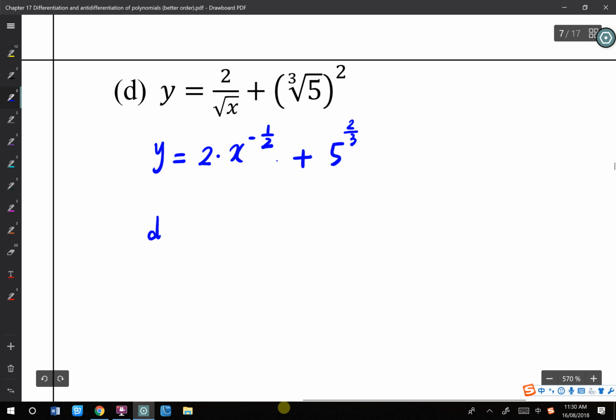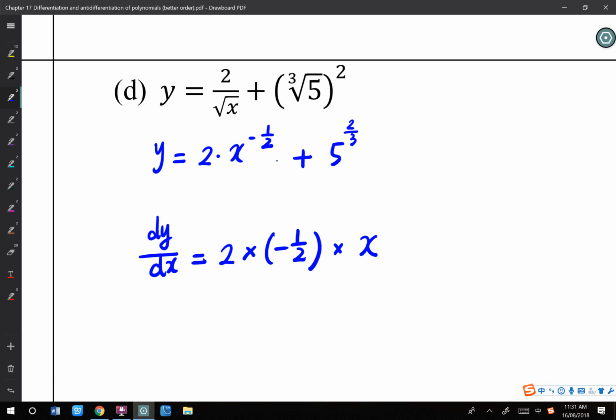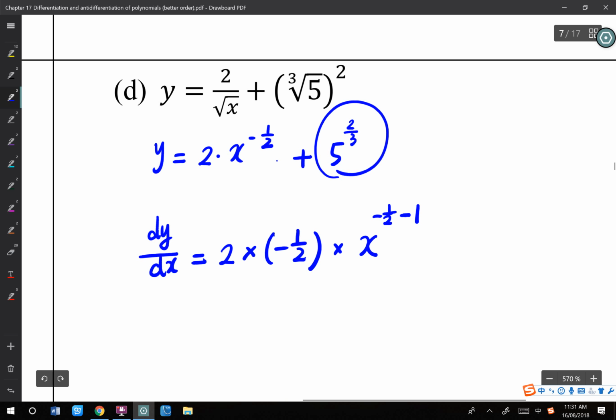I will say dy/dx equals to 2 times negative a half, which is the power going down. And then times x to the power of, well, I will reduce the power by 1. If 4 becomes 3, 2 becomes 1. So it's all reduced by 1. So it's negative a half minus 1. What's the derivative for the second part? 0.